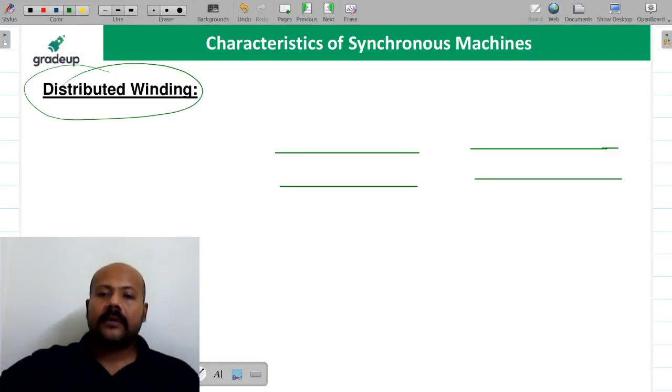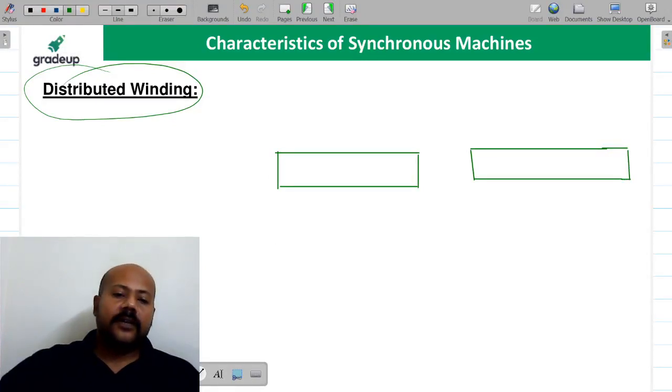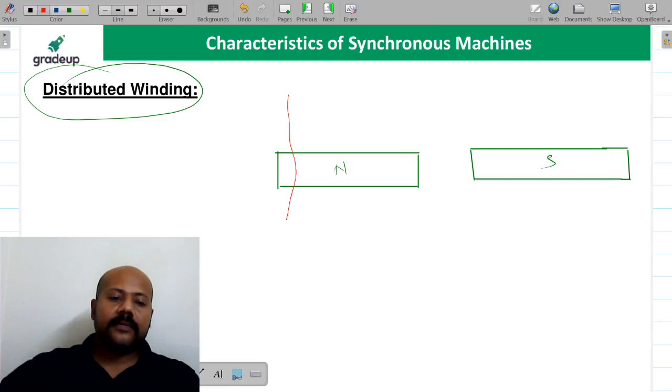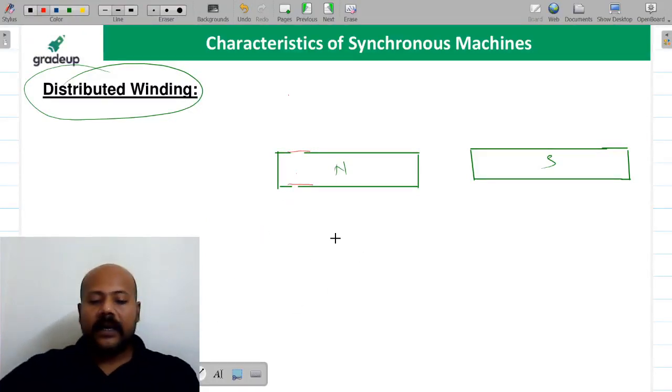Just bear with my artistic innovation. Suppose this is your north pole and this is your south pole. Now suppose how you are going to have the windings. Just see carefully. How you are going to draw the windings if you are having a distributed winding.